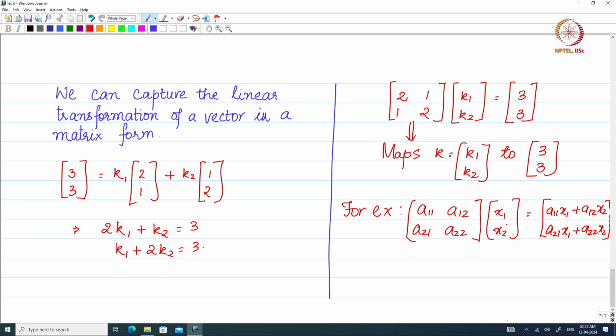So, what is the transformation trying to do? The transformation that you have here is going to map this vector x1 x2 to the vector which is given here, yeah, okay.